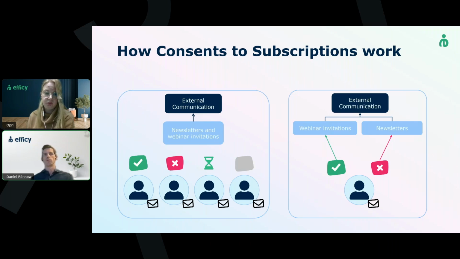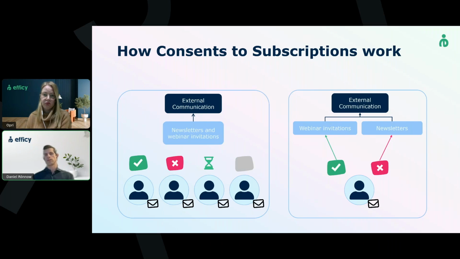You could have unknown profiles, where you don't know who to send to or who the profile is. They haven't given their consent, so that is also someone that you cannot send to. On the other hand, we can also have the situation where we split this into 2 subscriptions. And then you can have the same profile giving consent to one subscription and revoking consent to another subscription, or for that matter, not having given any type of consent to that subscription.